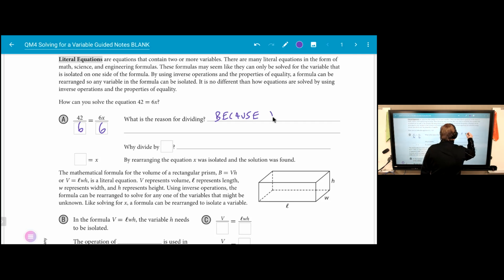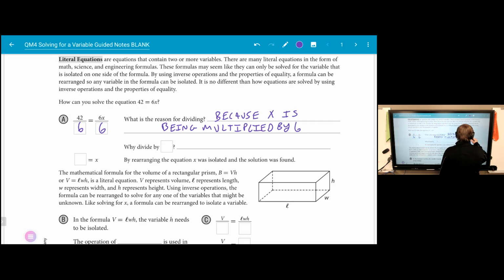x is being multiplied by 6. Division is the inverse operation. There we go.